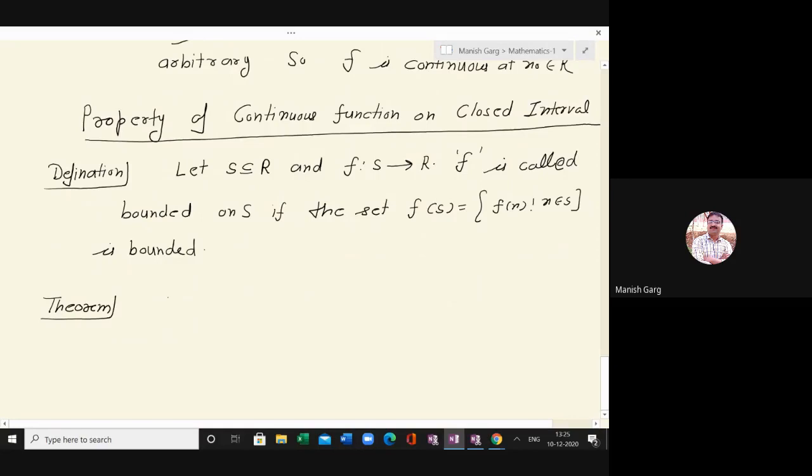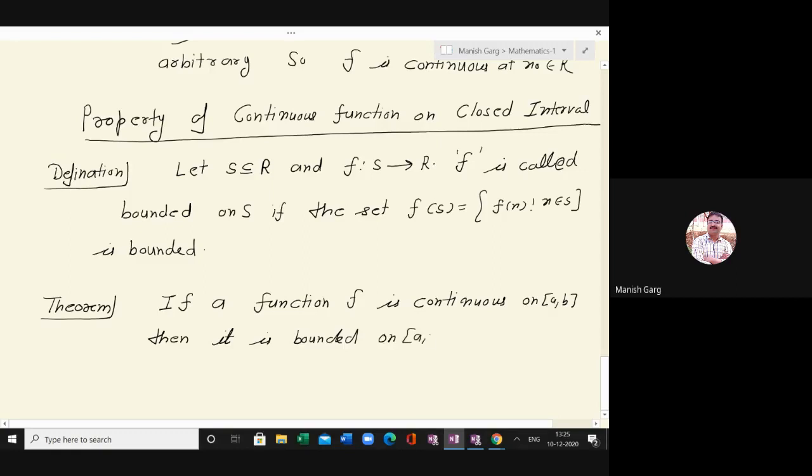Now there is a nice result. It says if a function f is continuous on a closed interval, that is important, closed interval, then it is bounded on [a, b].